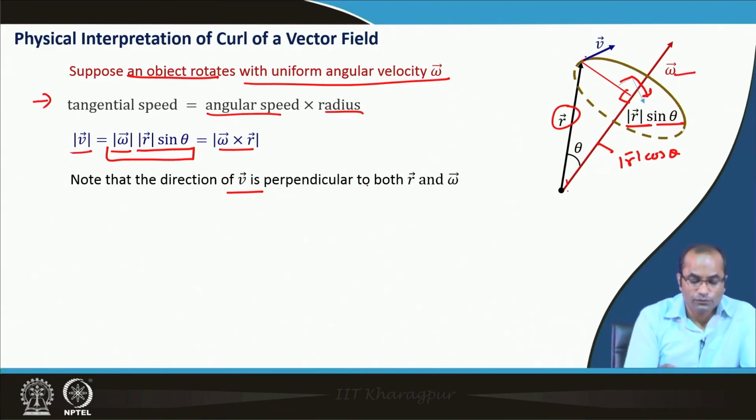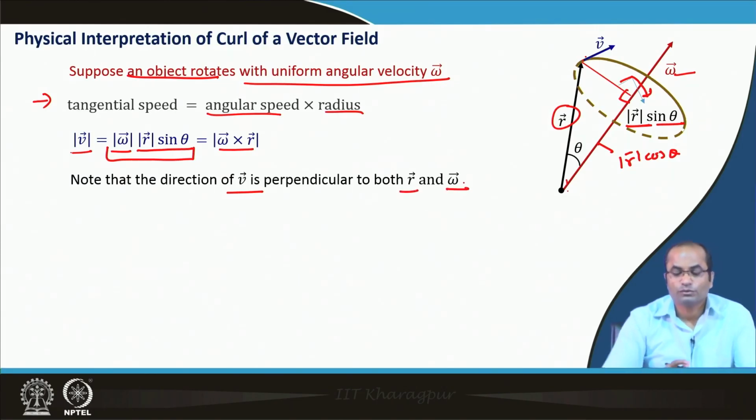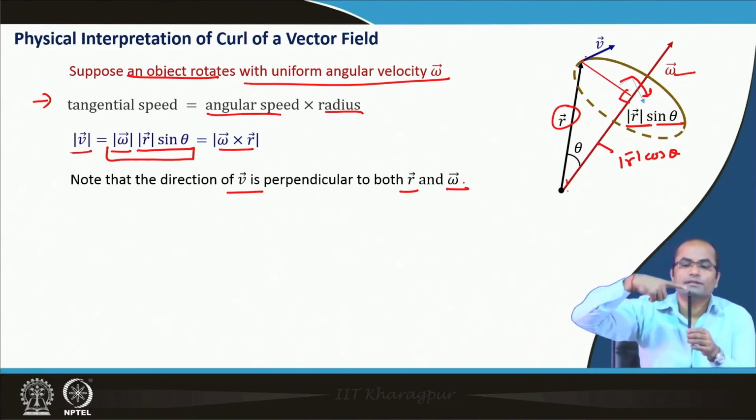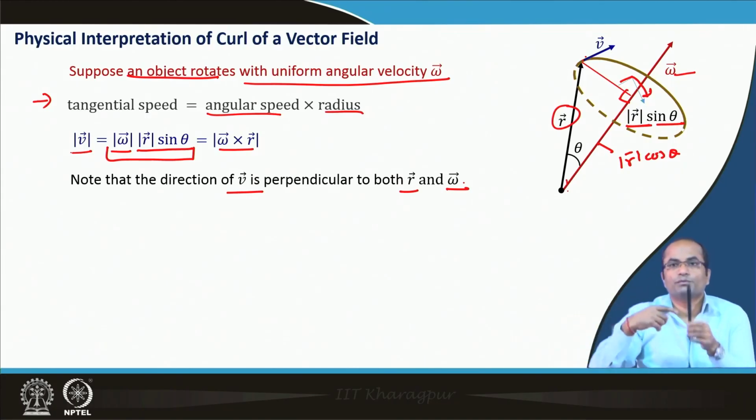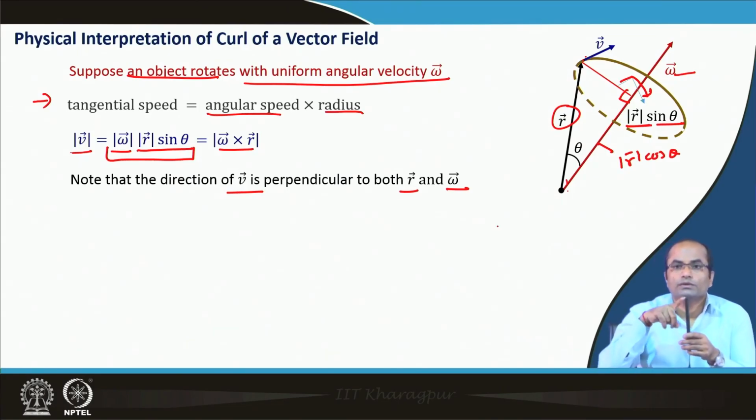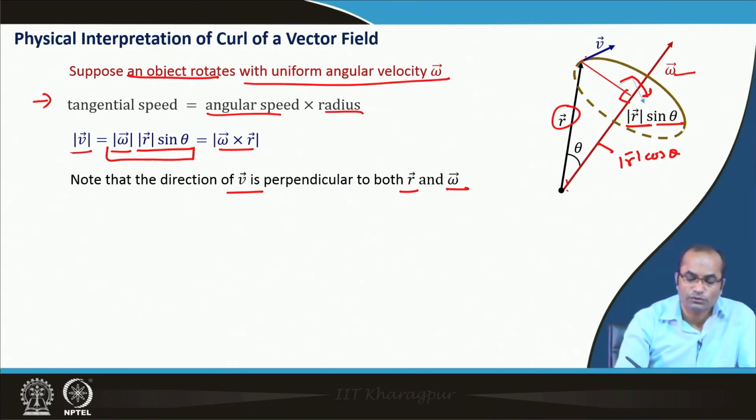So, what we observe is that this v is perpendicular to r and also perpendicular to omega. So, we have this axis of rotation, and then there is a rotation there. So, this vector v is also perpendicular to this axis of rotation, and it is also perpendicular to the line which is meeting the origin there. So, this v is perpendicular to r and omega.